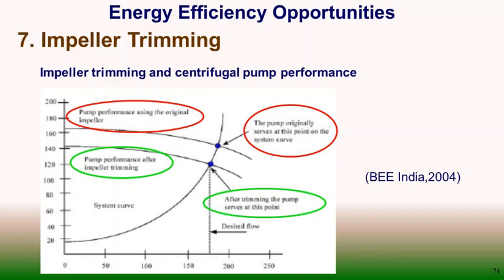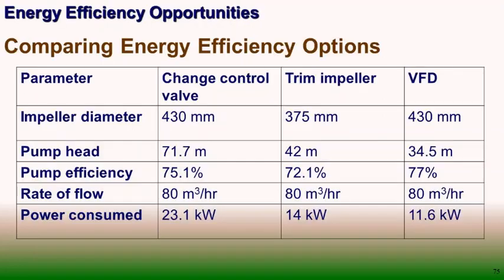If we compare in this table three options to improve energy efficiency in pumps, changing the control valve, trimming the impeller, or adopting a variable frequency drive, the VFD clearly reduces power the most, but it has a high cost.